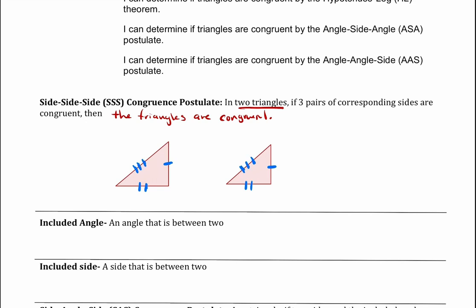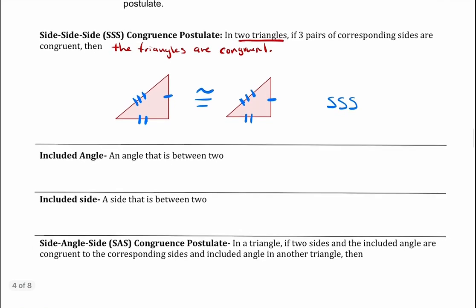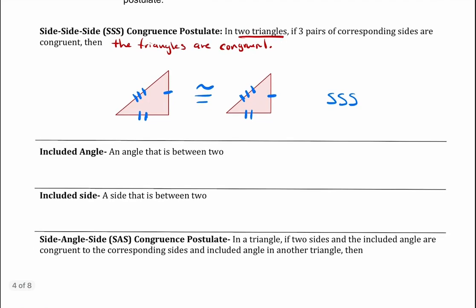Then we know that the two triangles have to be congruent. This is side, side, side. Okay? So there's only one triangle that you can make with three given sides. So side, side, side is one of our shortcuts to say, if I know that three sides of one triangle match three sides of the other, then I know that all of the corresponding angles are also congruent.